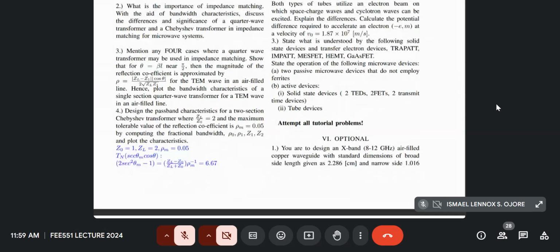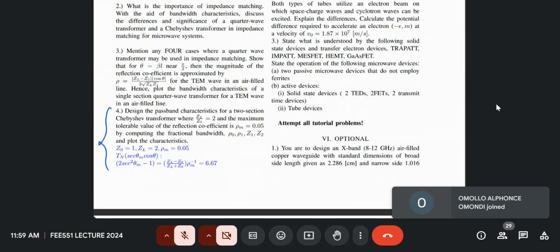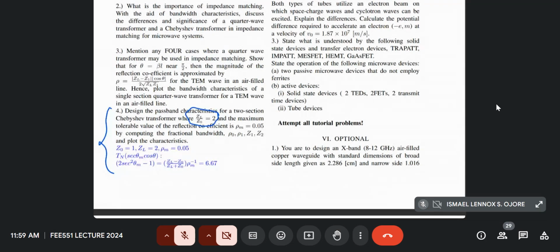For number 4 here, I just want you to remember to be keen. I will be testing keenness on that number 4. So just be keen on how these values were derived. If you understand, the formulae are there. Remember, in 5th year, it is just doing the applications.